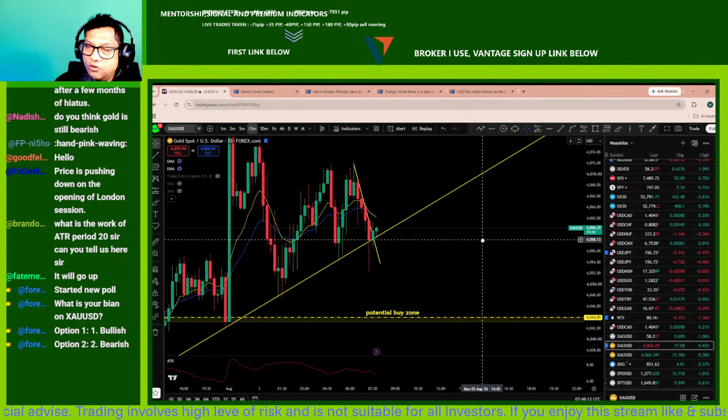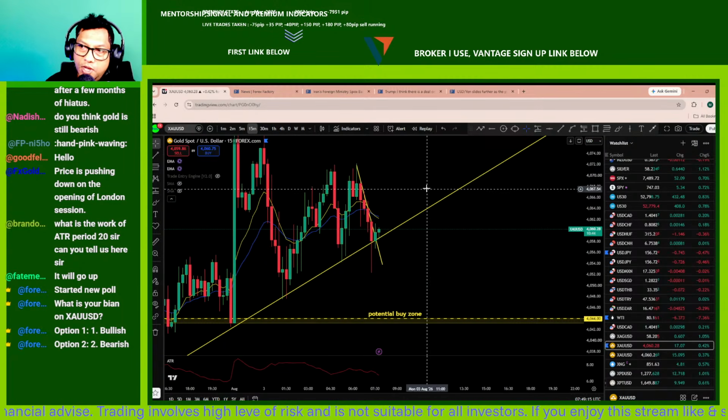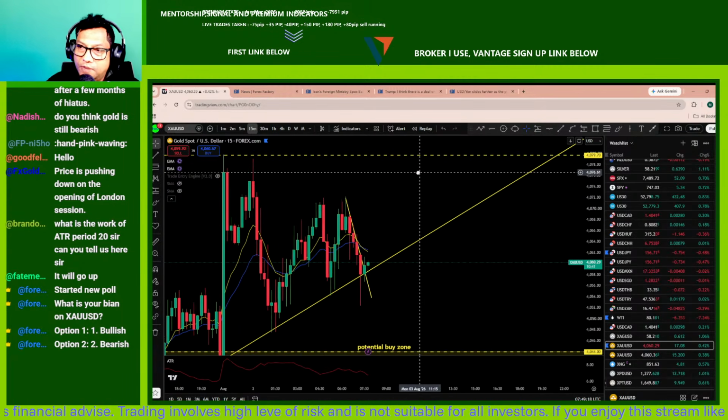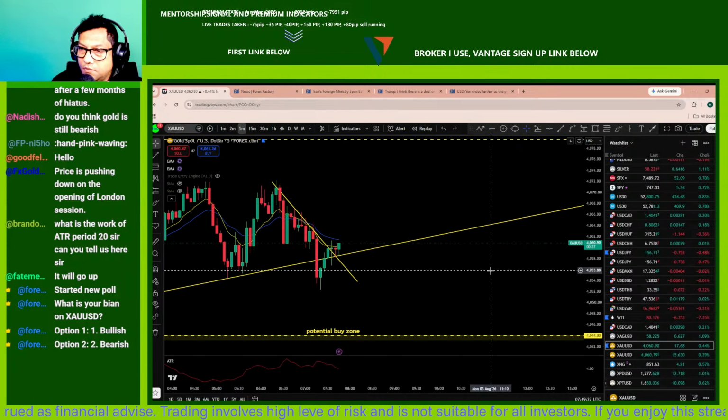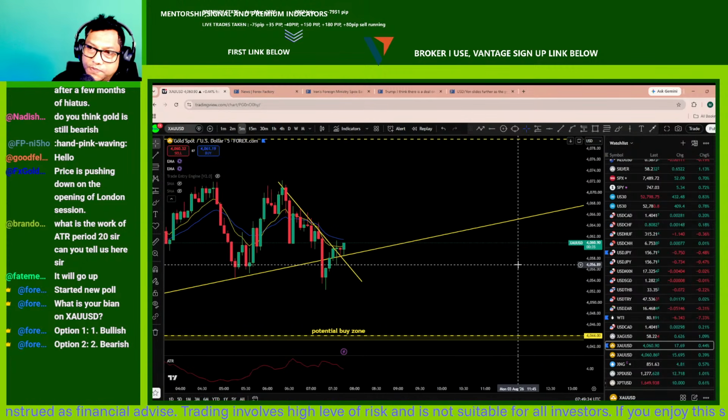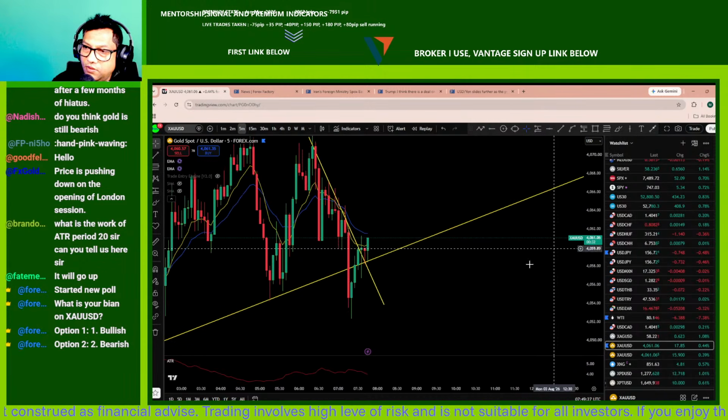With a series of higher lows, we are looking for the market to trend back to the upside in this area. Here it's slowly trying to break back to the upside, as you can see at this level.